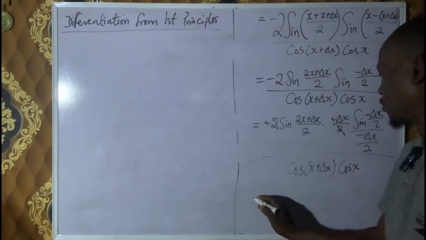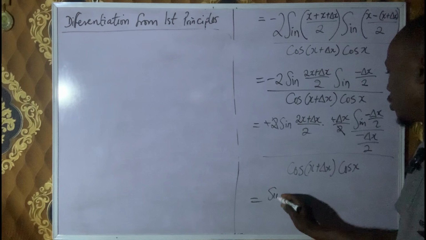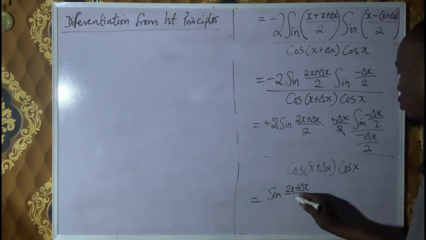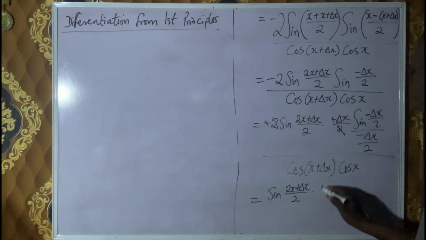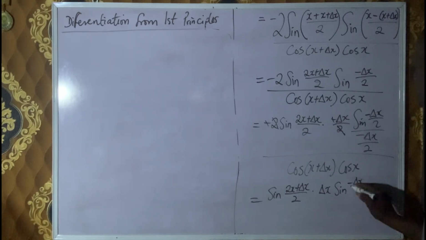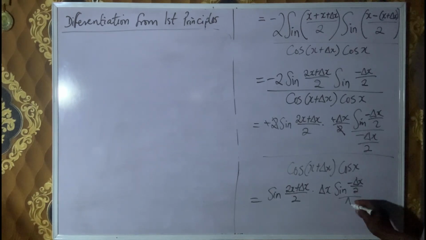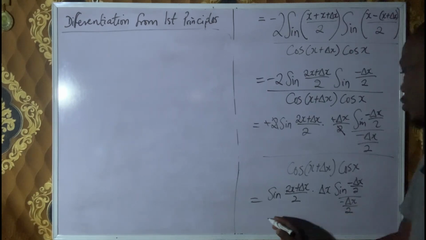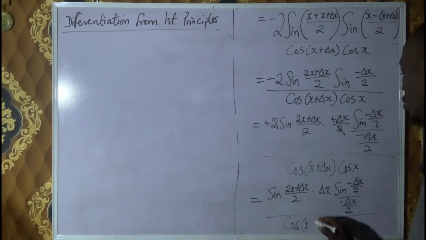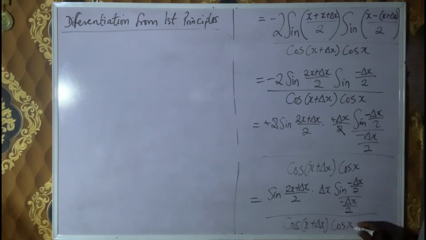So what we have left is sine of (2x plus delta x) over 2, times delta x, times sine of minus delta x over 2, over minus delta x over 2, all over cos of x plus delta x times cos x.